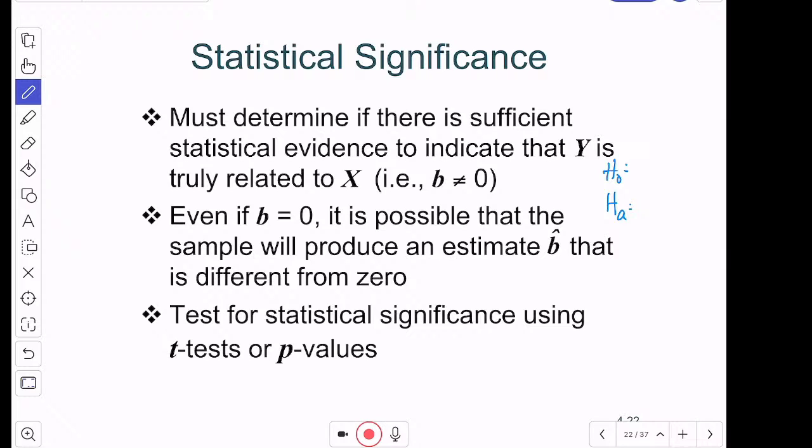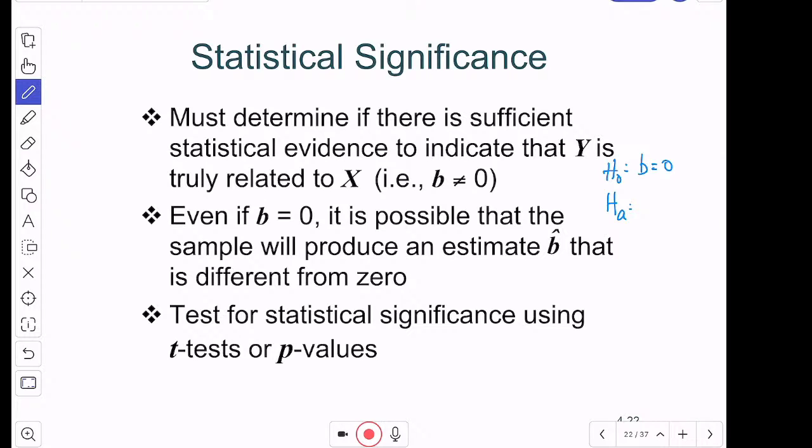It's that there is no effect. So there is no relationship. The slope is not anything. It's just 0. There's no slope. There's no trend, in other words.